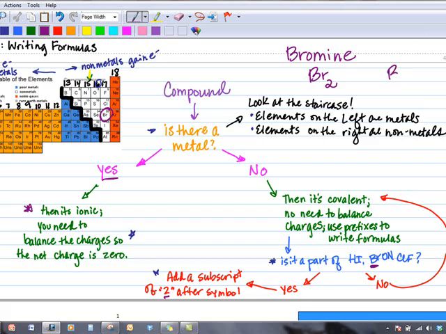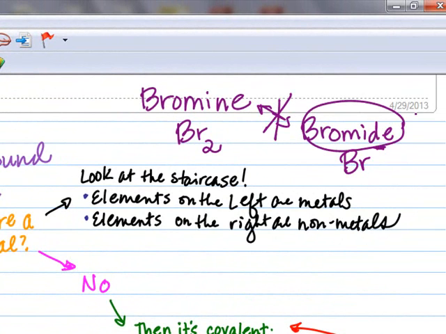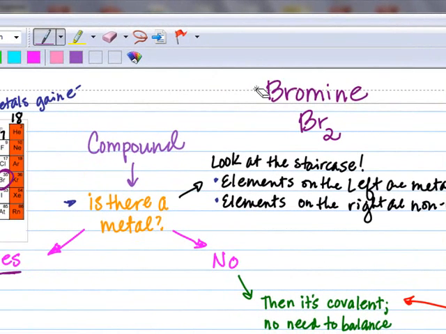That's not the same as bromide, which is Br with a -1 charge. These two are totally different. Bromide needs to be bonded to another atom. Oftentimes it can be a metal, but bromine can stand alone. So its formula is Br2.